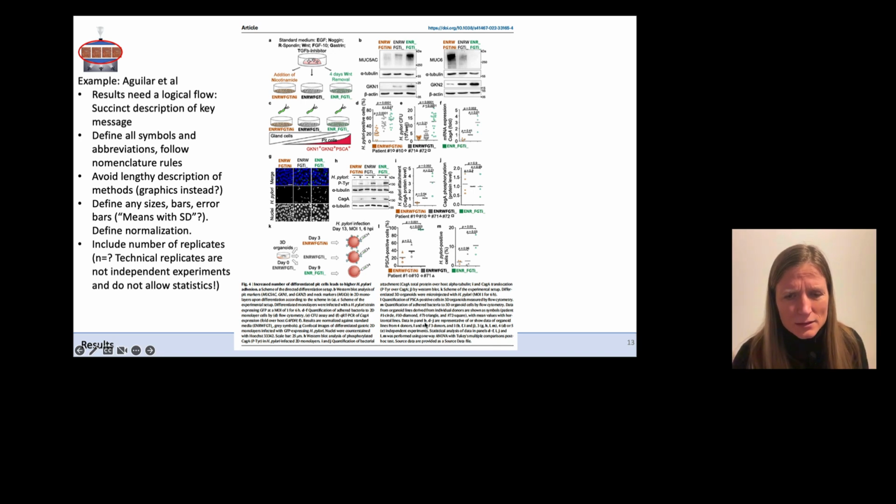Data in panel this and this are representative of at least organoid lines from 4 donors, and these are 3 donors, and this is done in how many experiments. So we actually spend some lines defining exactly what is shown in the data. That's why our legends become a little bit long. This gives you all the information to really evaluate how robust the data shown is.